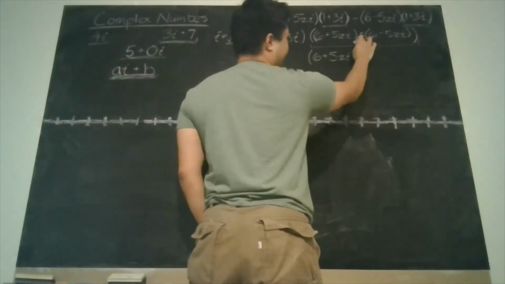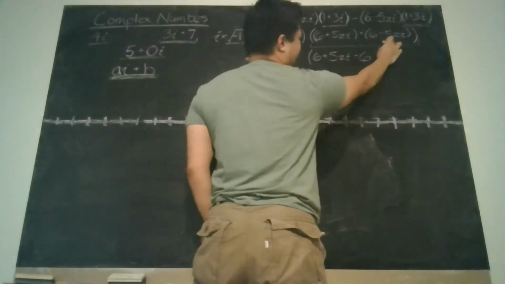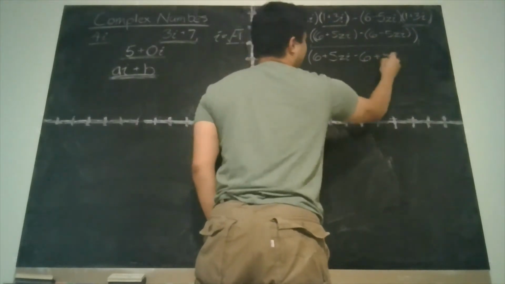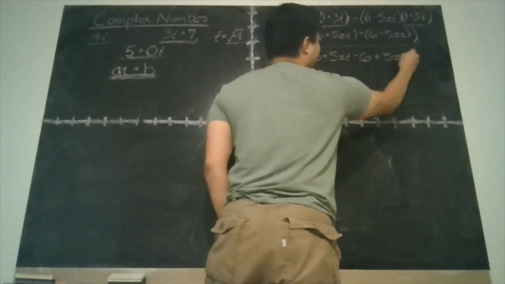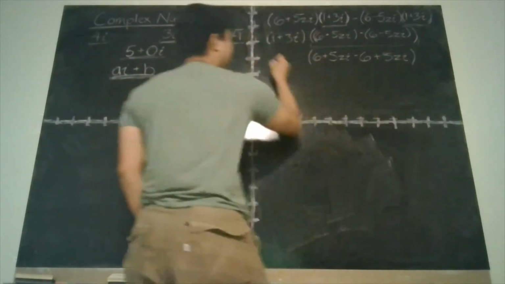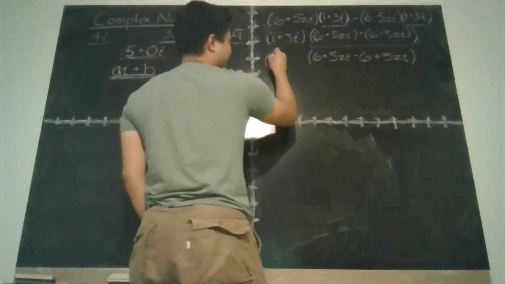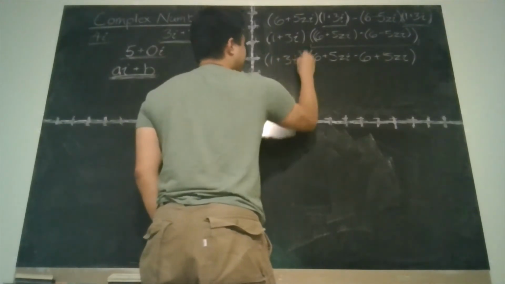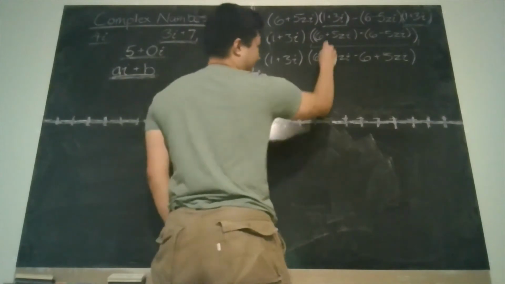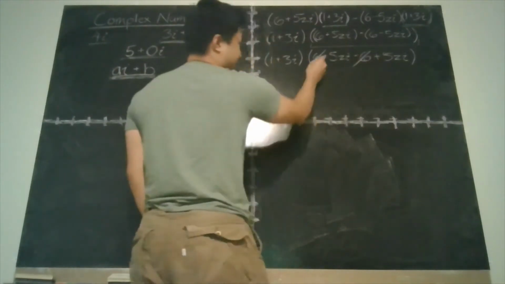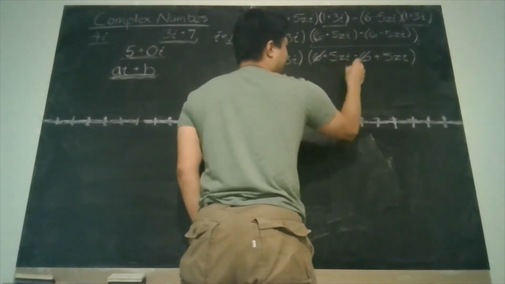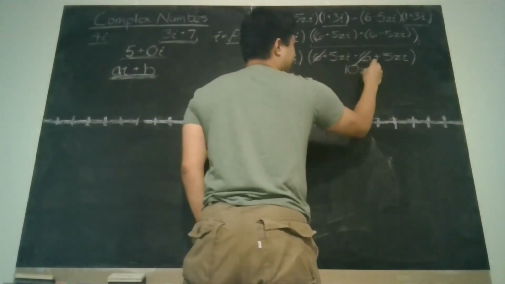And then here, -1 times -5zi is equal to positive 5zi. Obviously, we can cancel out the 6's, because 6 minus 6 is 0, and we're left with 10zi.